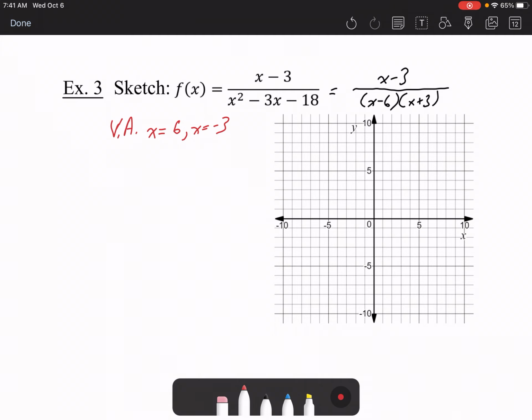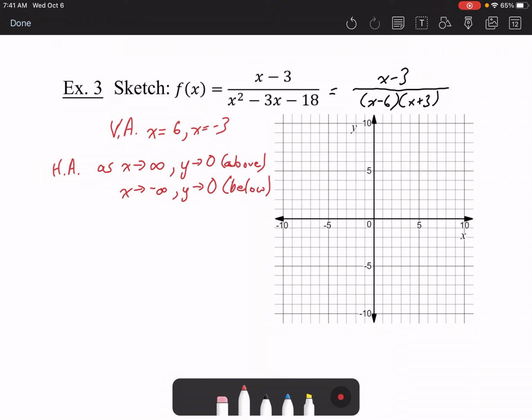Again, you can investigate your horizontal asymptotes as x approaches infinity. Choose very, very large values and see what happens to the values of y. In this case, y approaches 0 from above. As x approaches negative infinity, y approaches 0 from below.